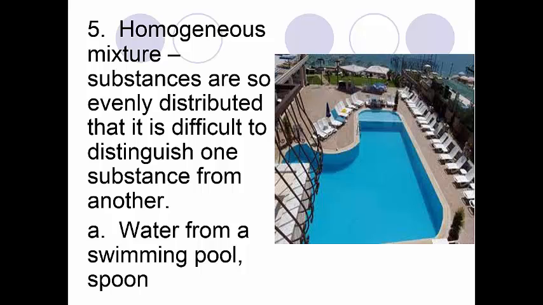Very clean. From one end of the pool to the other end, it looks like it's the same material. But yet if you looked closer at it, you would see that there was chlorine in it. There's probably other chemicals mixed in there as well, but you don't see the chlorine. You don't see the water different from the chlorine, different from the other chemicals. It looks like it's one thing in that pool.